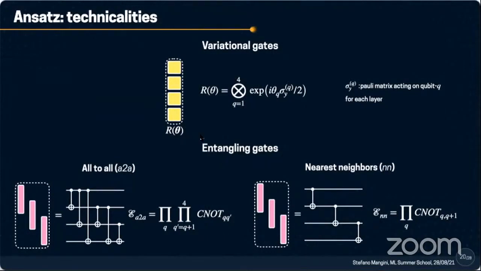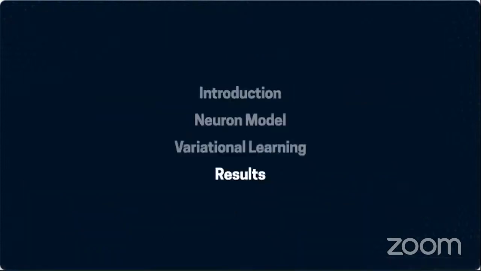And we use the two entanglement schemes, which is either an all-to-all entanglement, where each qubit inside the circuit is entangled with all other qubits in the circuit, or a nearest neighbor approach, where it's like a linked chain of qubits, so each qubit can be entangled only with the one nearest to it, and that by means of CNOT gates.